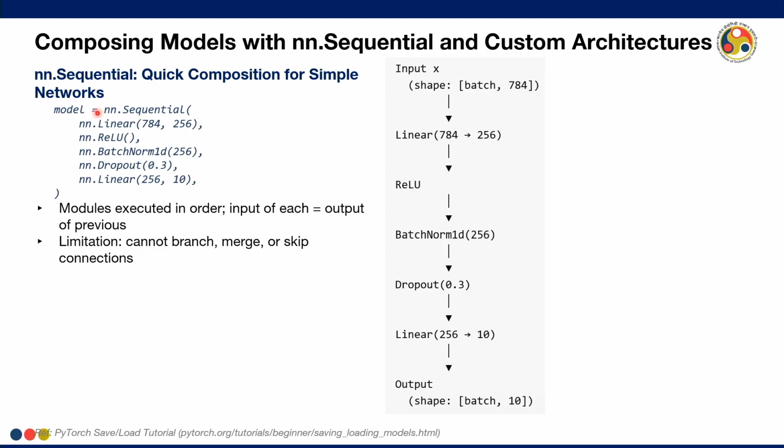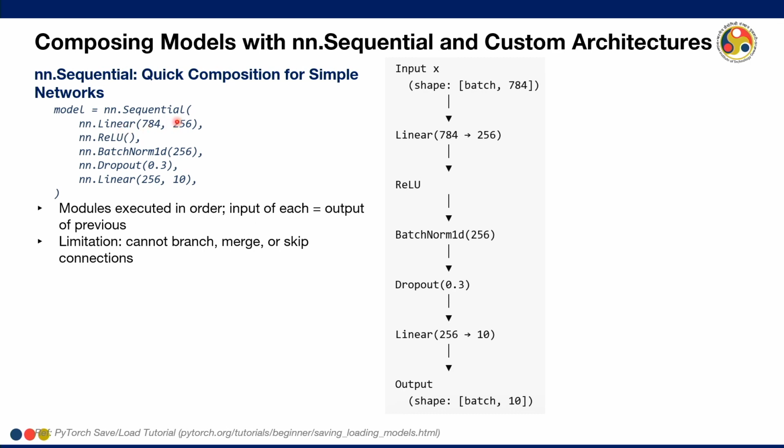Here we are defining this model object, which is of nn.Sequential type, and you can see all the layers. All these modules or layers are defined in a particular order, and the order is important because the input of each is equal to the output of the previous.